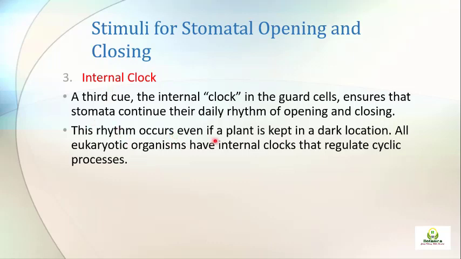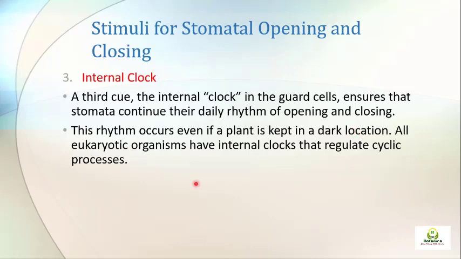The rhythm occurs even if a plant is kept in a dark location. As this is fixed in the plant, if it is placed in a dark location, when the time comes, for example the light is there at 7 or 7:30 a.m., the stomata will open at 7 a.m. even if it is placed in the dark.